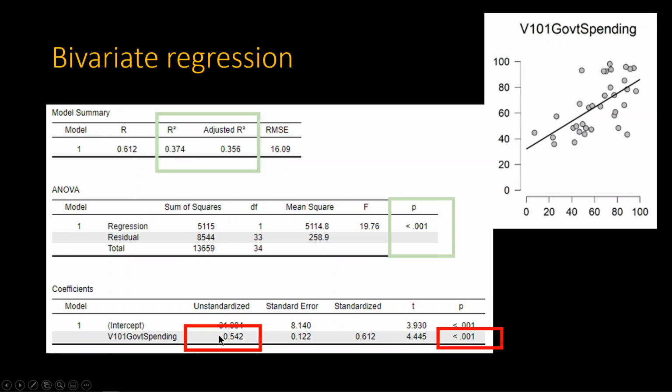Because it's positive, we know that a 1 unit increase here leads to a positive change of 0.5 in the dependent variable. If this was negative, we would say a 1 unit change here leads to this much decrease in the dependent variable. And then we can see if that is statistically significant.